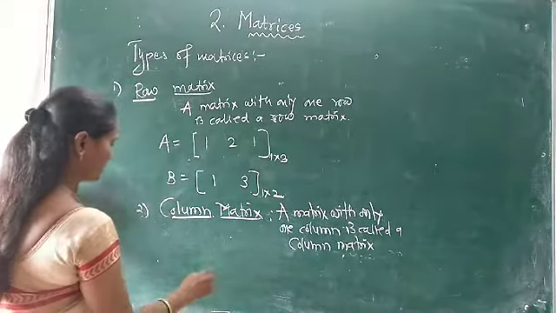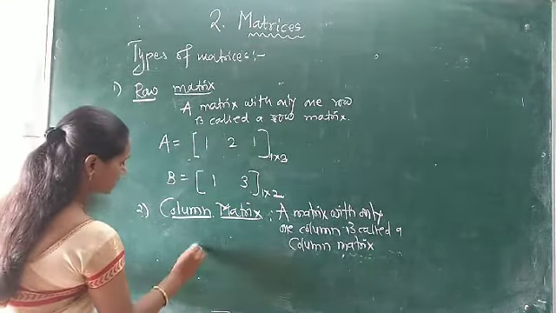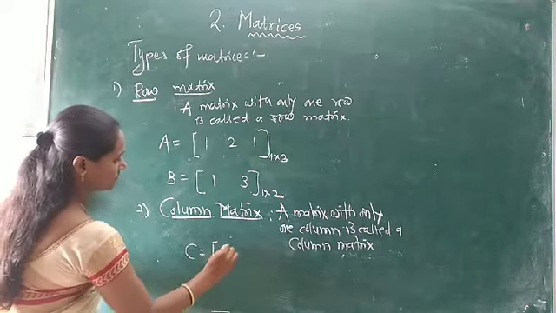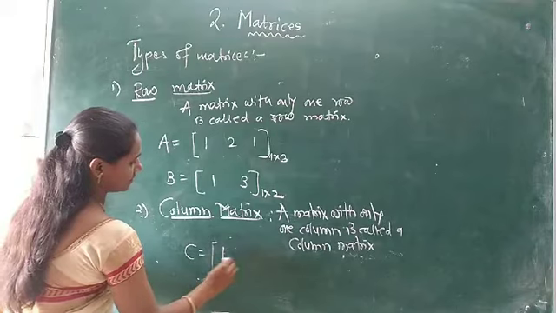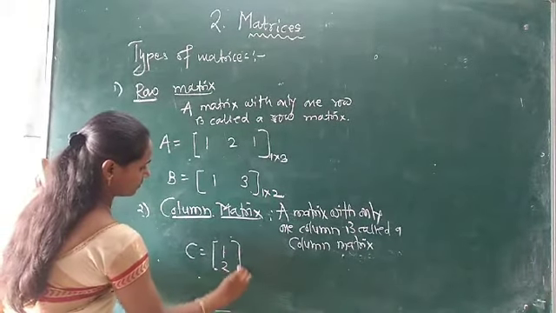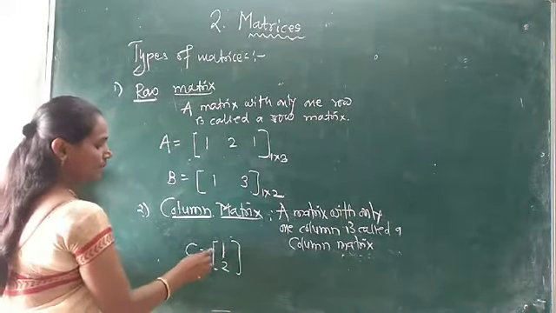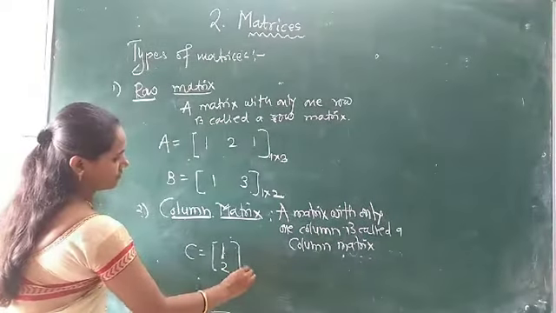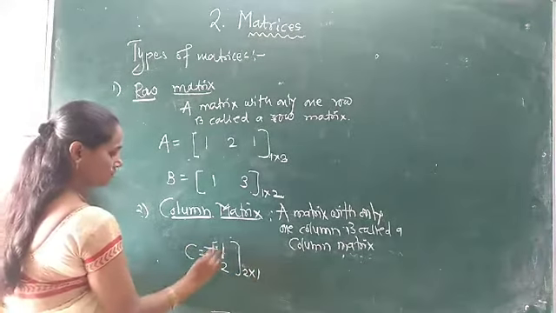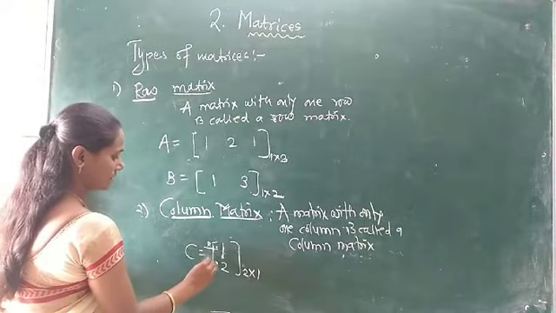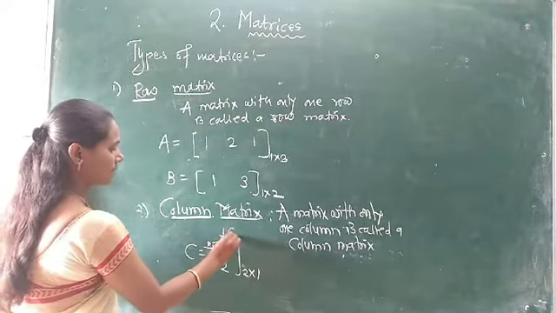For example, a column matrix C is equal to 1, 2 written vertically. This is a matrix of order 2 by 1, where there are 2 rows, the first row and the second row, but only 1 column.